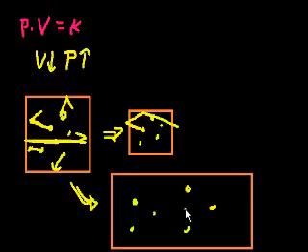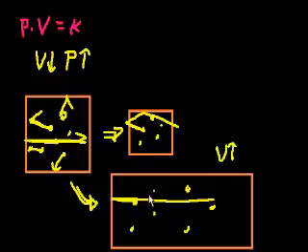And now, in this situation with larger walls, it might just go bam, and in that same amount of time, it'll maybe get here. It won't even hit the other wall. So the particles, on average, are going to be colliding with the wall less often, and the walls are going to have a larger area as well. So in this case, when our volume goes up, the pressure in the container goes down.